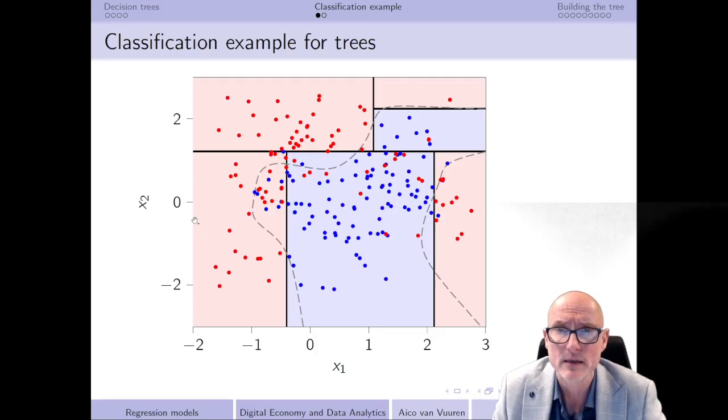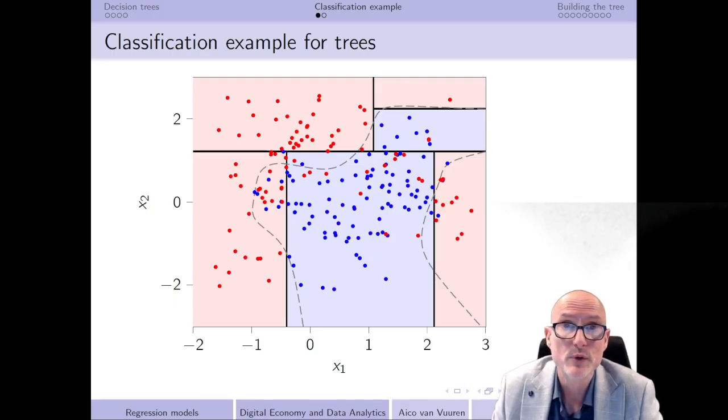I could make a vertical split over here, but then I still get quite a lot of red dots in this area. I could also make a horizontal split over here, but then I will also have a lot of red dots over there. So in this case, it doesn't make that much sense to make a split here as well, even though we do not have a pure node in this particular case.